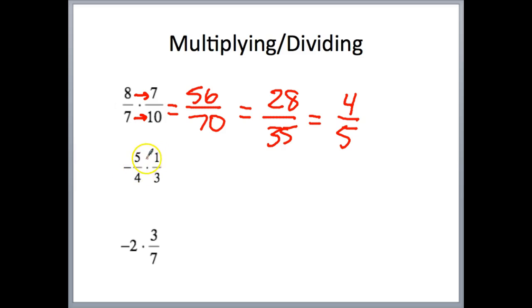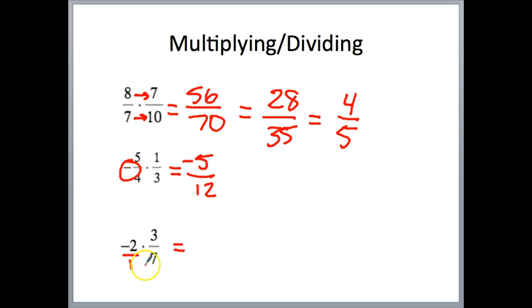So same here. 5 times 1, 5. 4 times 3, 12. Don't forget this negative. And there you go, it's reduced. Problems here, when you have a whole number, you can always remember that whole numbers are just over 1.